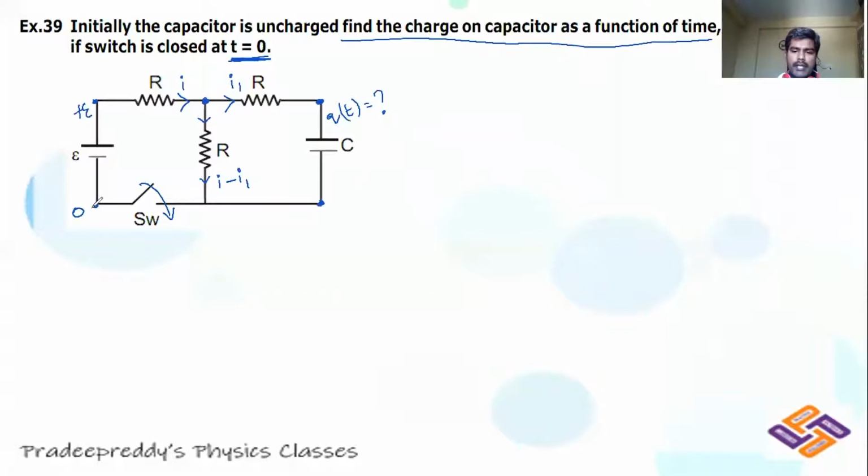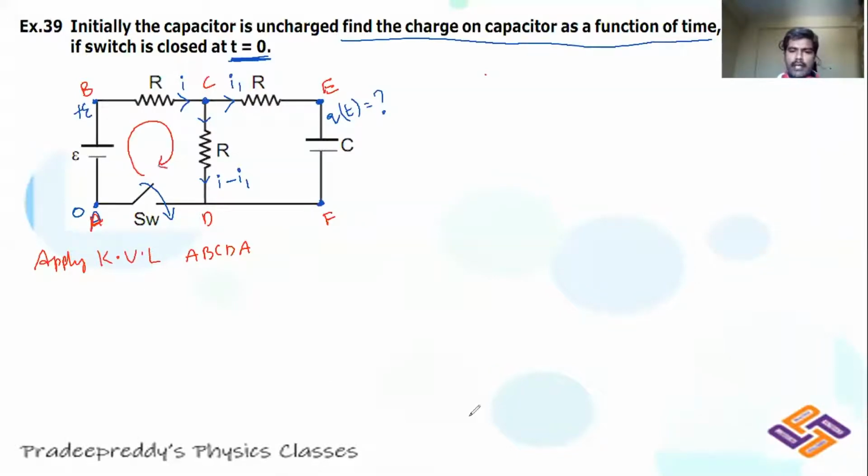So let me name this point, this circuit, as A, and this is B, and this is C, and this is D, and this is E, and it is F. Okay, now apply KVL for the loop A, B, C, D, A.